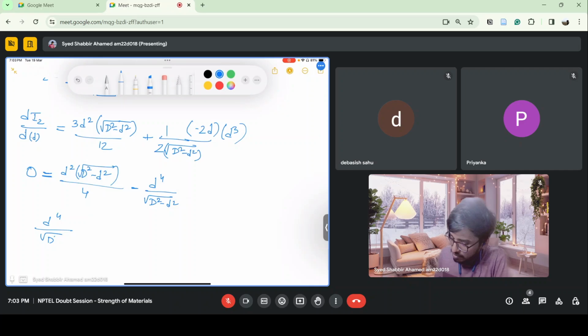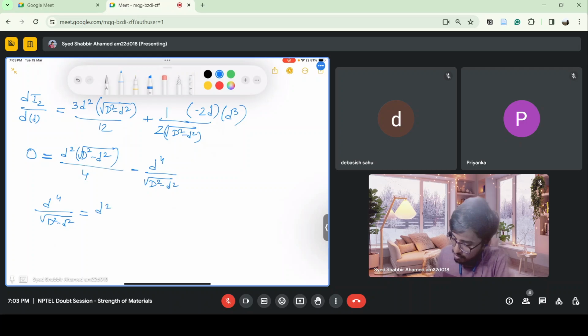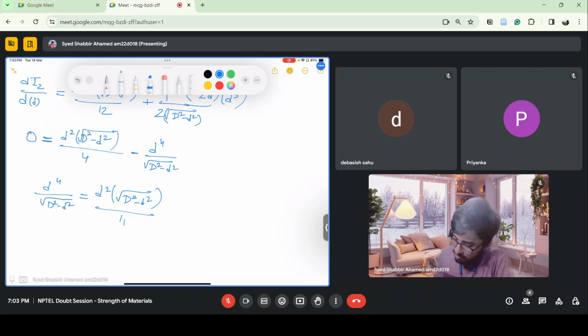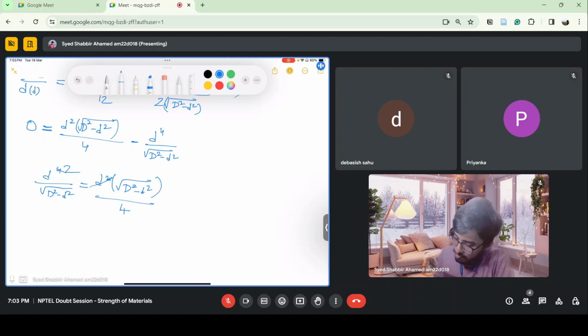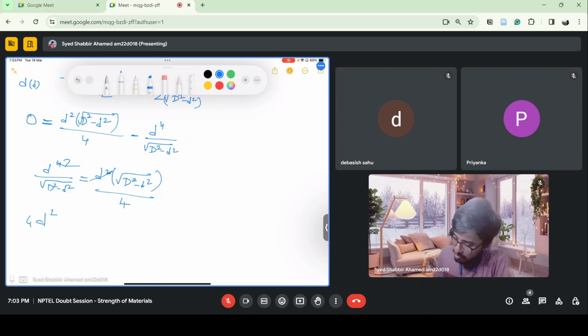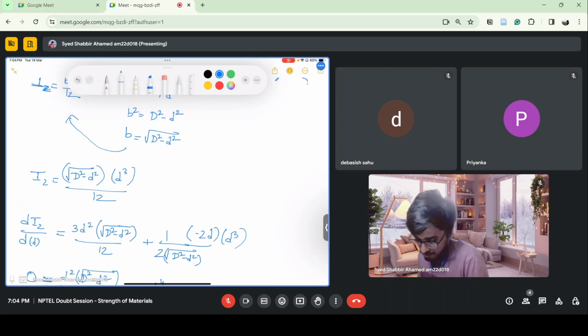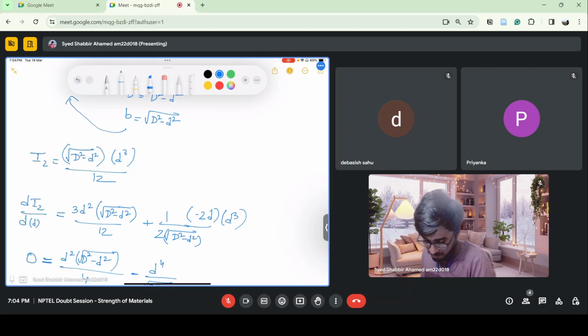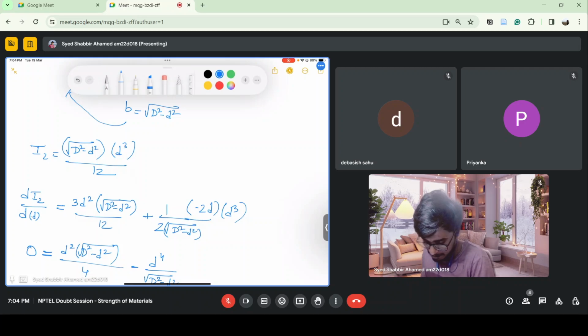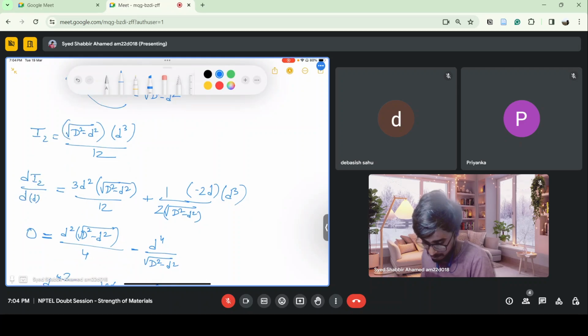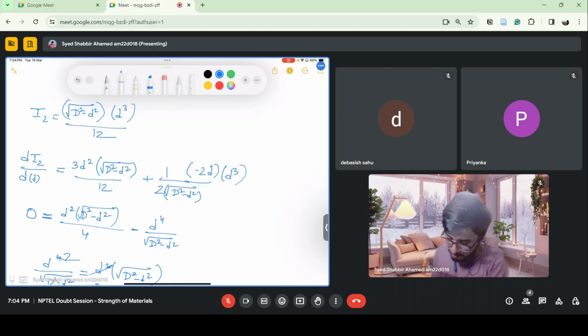So if I take this side, d square, 4d square, and this is d square minus d square. So I'll get this 12.